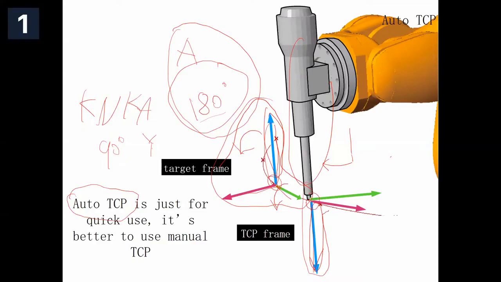You just rotate the TCP by yourself in Grasshopper. For example, in KUKA, 90 degrees around the y direction, in ABB you do this yourself. So it's better to use manual TCP.